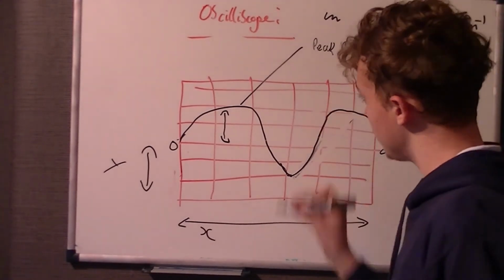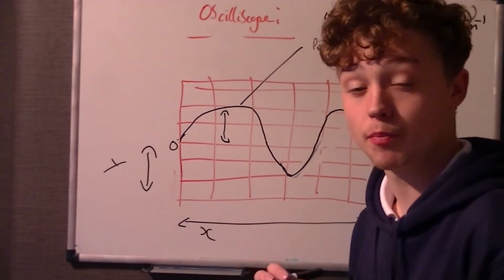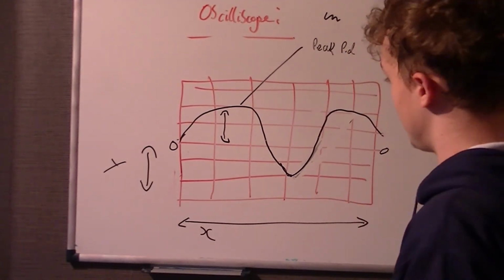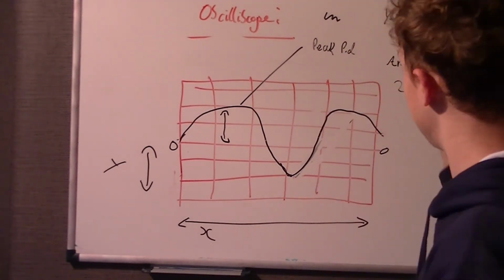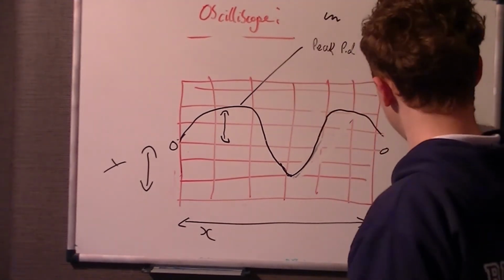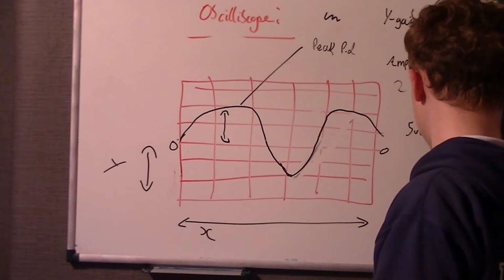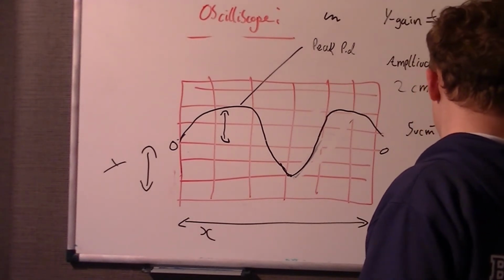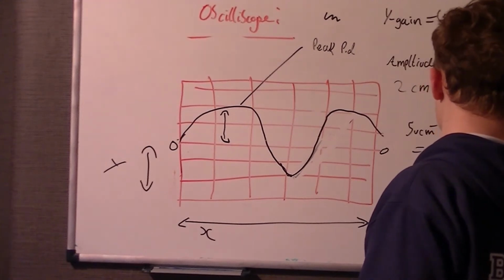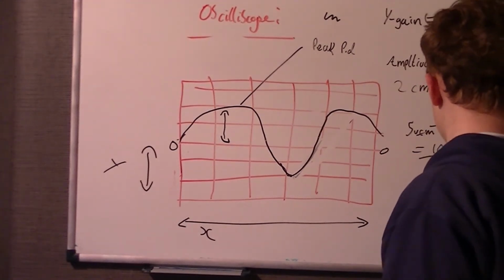So to get the amplitude, or the peak potential difference, we work it out by timesing the amplitude by the Y gain. So 5 volts per centimetre times 2 equals 10 volts. The centimetres cancel out and we're left with 10 volts.